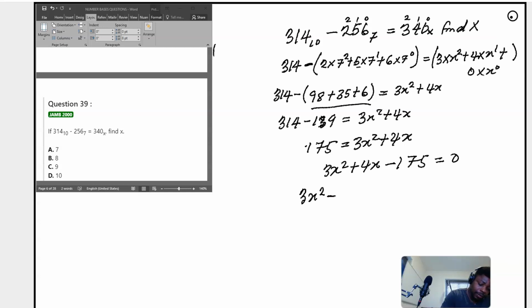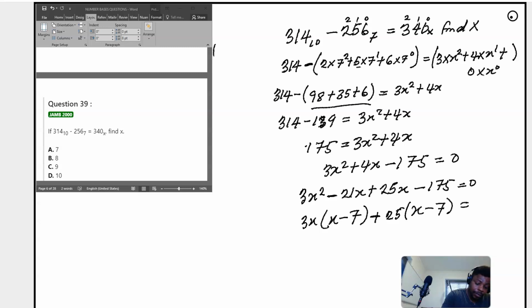Okay, so minus 21x plus 25x minus 175 is equals to 0. This is 3x, this is x minus 7. Plus 25, and this is x minus 7 is equals to 0.